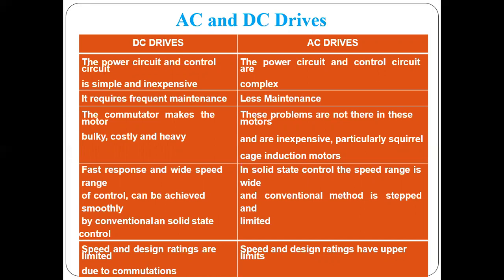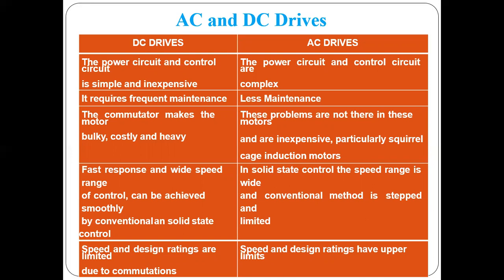Second point: DC drive requires frequent maintenance, but the AC drive requires very little maintenance. That means DC drive requires more maintenance. As you also know, in a DC motor there are the commutator and brushes, so the maintenance is very heavy.